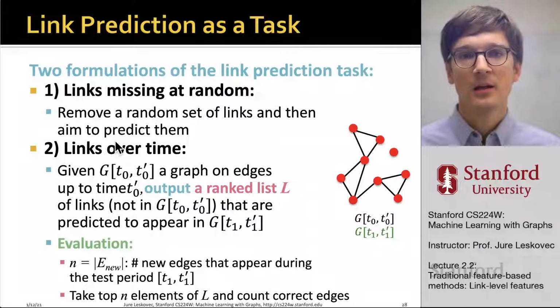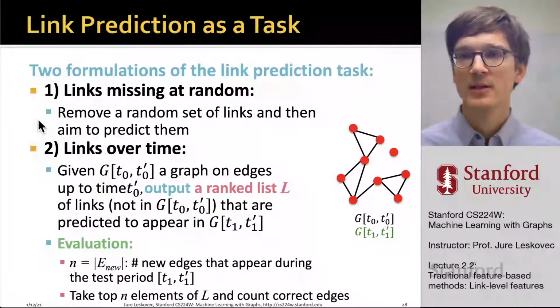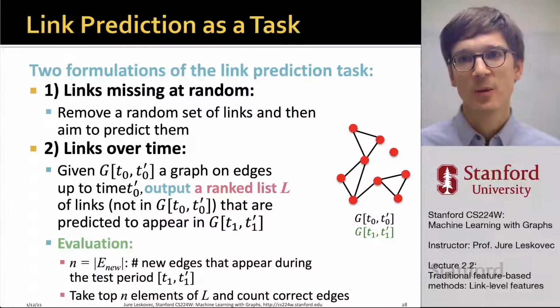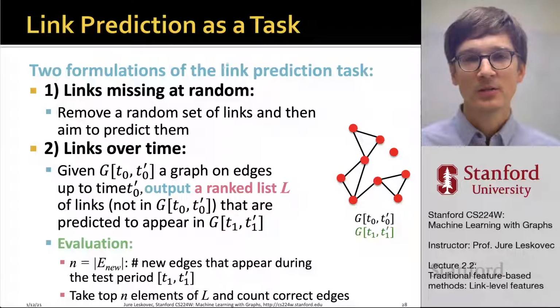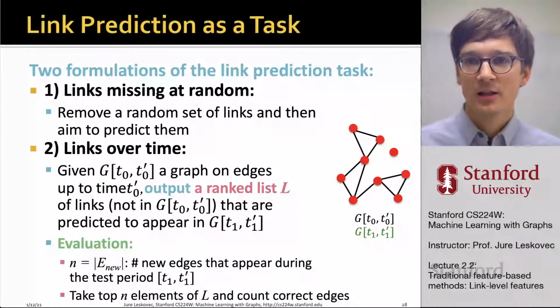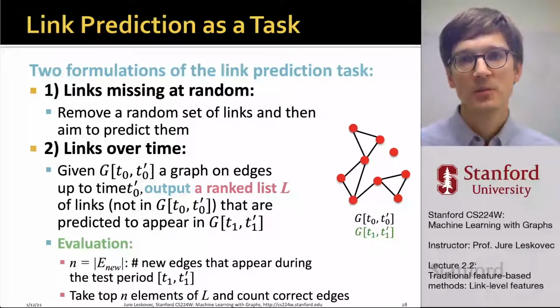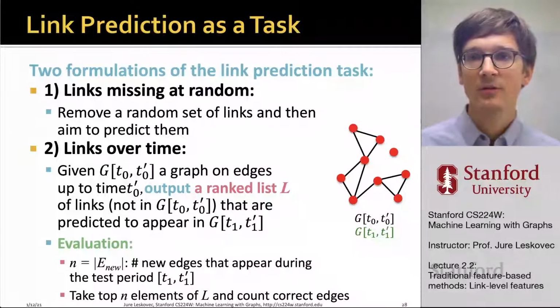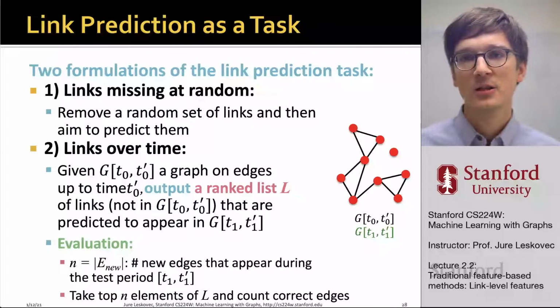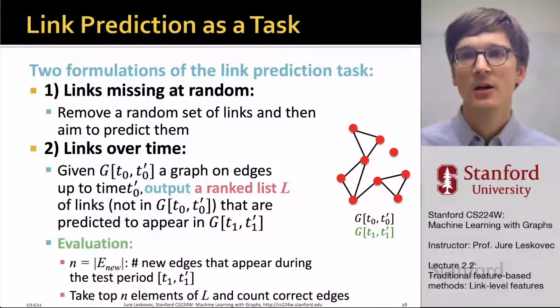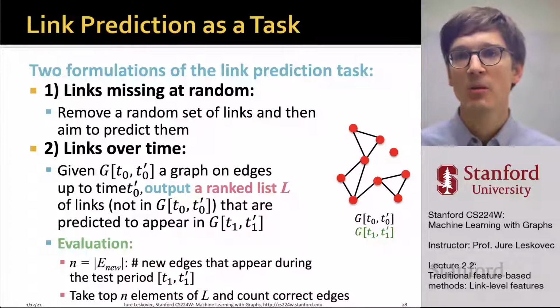While, for example, the links-missing-at-random formulation is more useful for static networks, like protein-protein interaction networks, where we can assume, even though this assumption is actually heavily violated, that biologists are testing connections between proteins at random, and we'd like to infer which other connections biologists are going to discover in the future, or which links they should probe with their wet lab experiments.